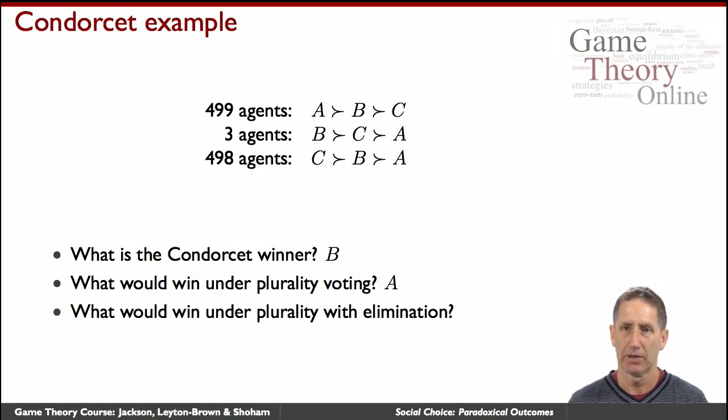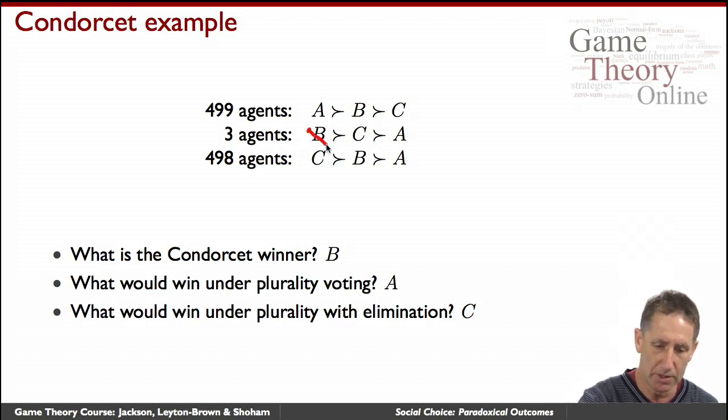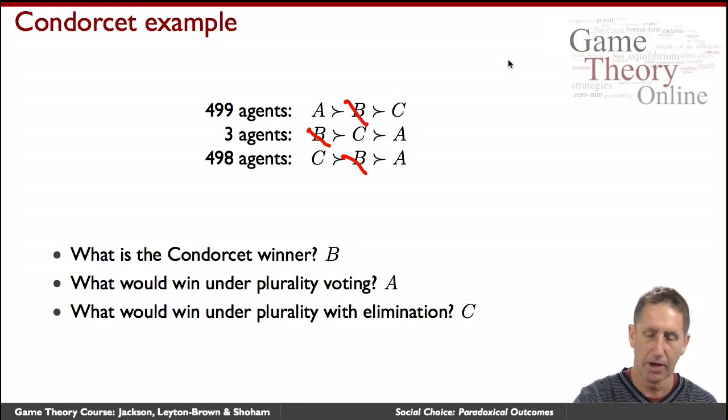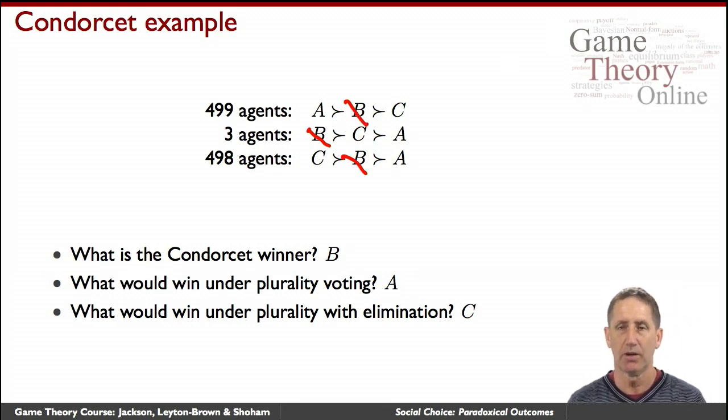What about plurality with elimination? This might take a little more time to think about, so you might want to pause the video here just for a second. Now when you think about it, you see that C would be the winner under plurality with elimination. Why is that? You'd first run a plurality, and you'll see that B is the loser, so B would leave the competition, and now it'll be head-to-head between C and A, and in this case C would be the winner because 501 out of the 1,000 agents prefer C to A. So C would be the winner.